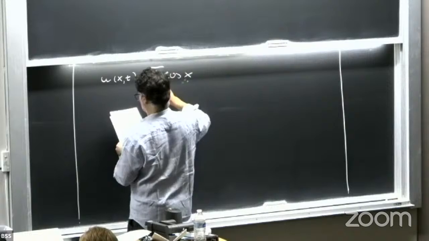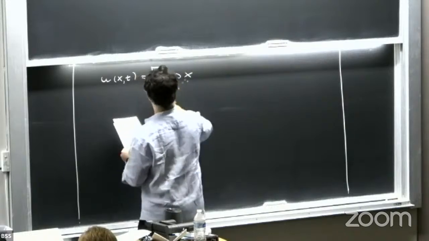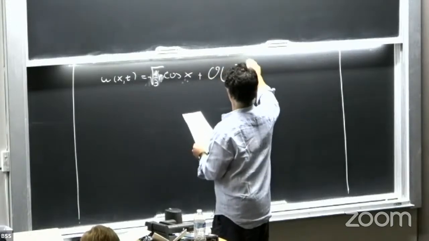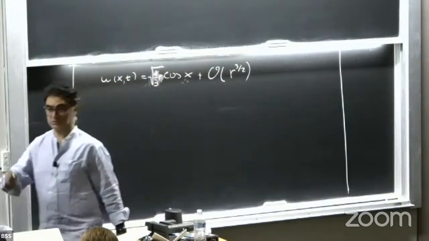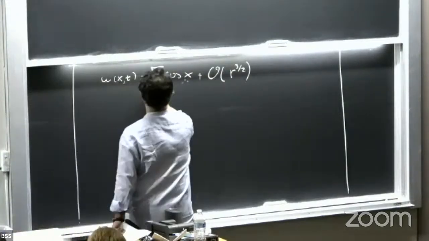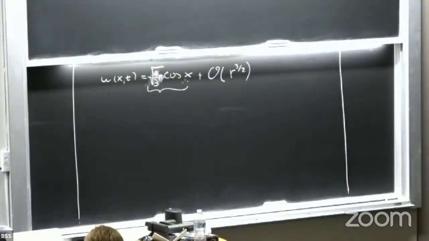It's chosen to be the square root of 4/3 r, plus corrections that are of order r to the power of 3/2. This is the leading order solution that gives us the shape of the pattern that will arise once we go above r equals 0. So now we know that if we are above r equals 0, there is a periodic pattern.